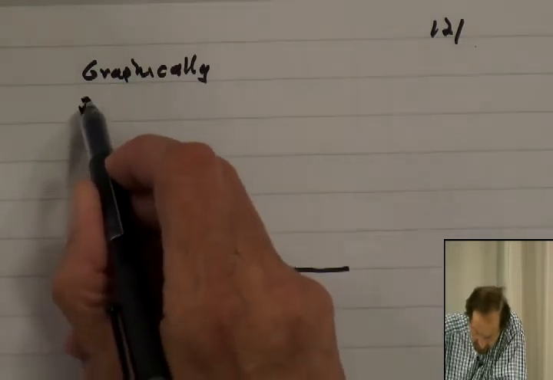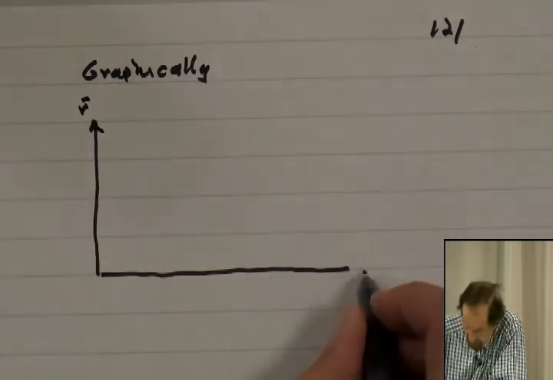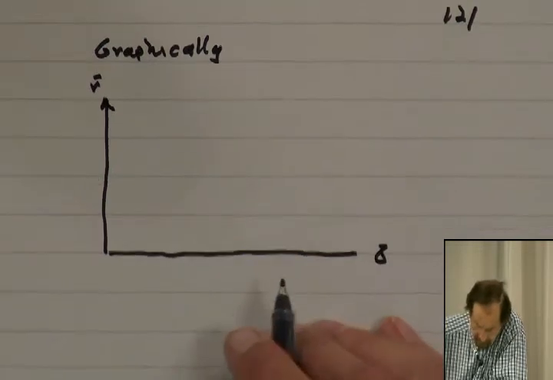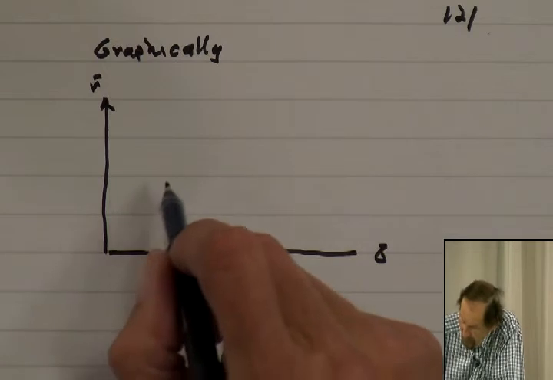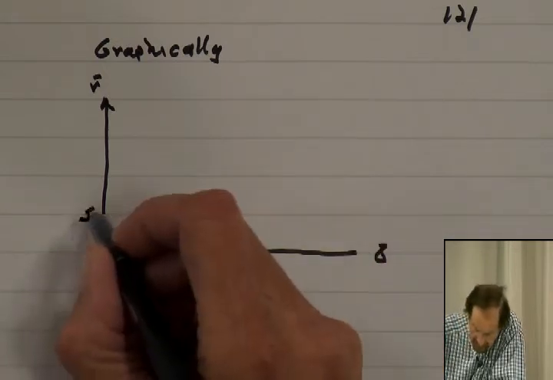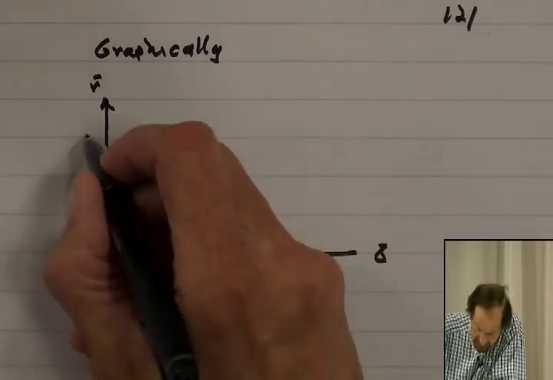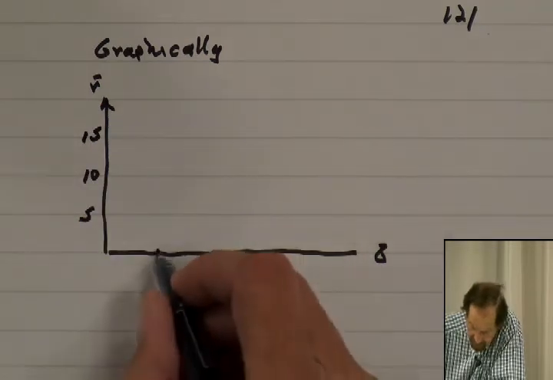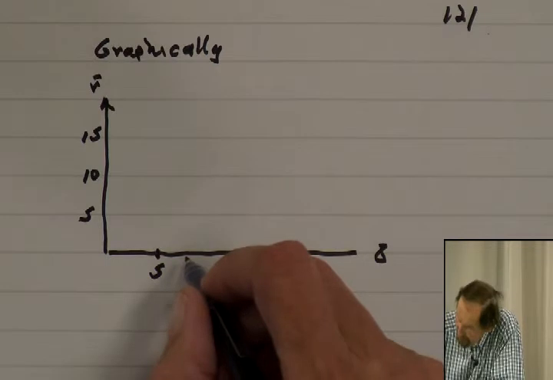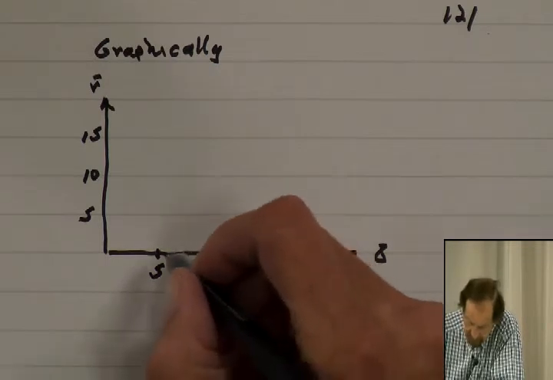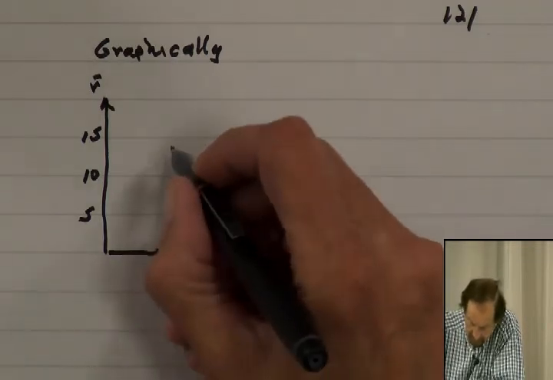It's R bar, sigma here. So we have 8, 14. So let's go 5, 10, 15. So we have 6 here, and then 14 there.